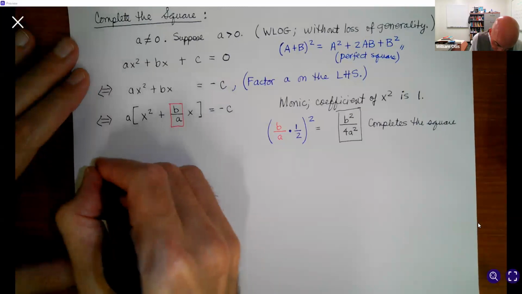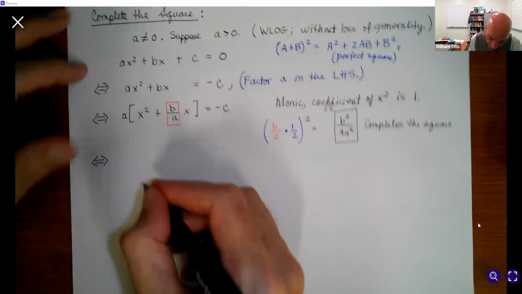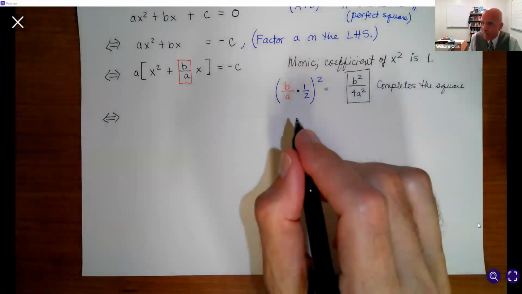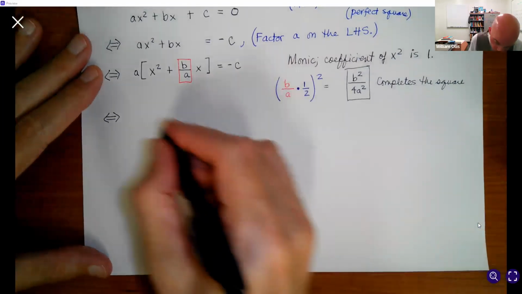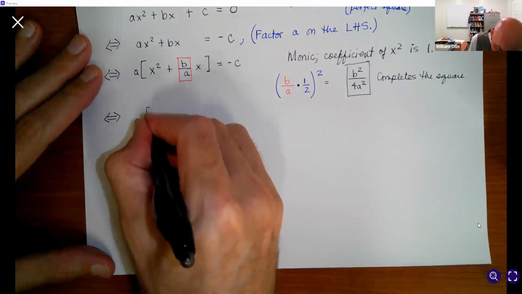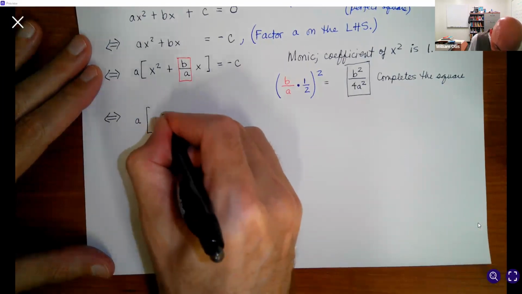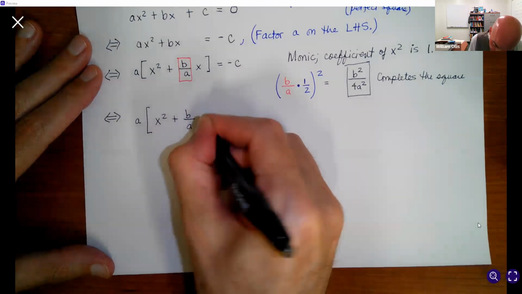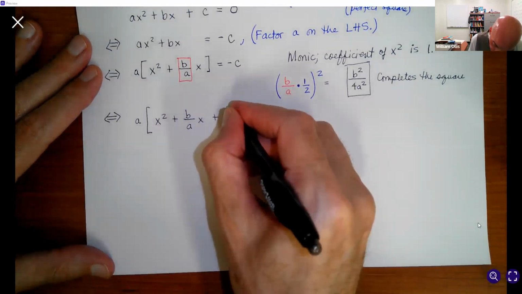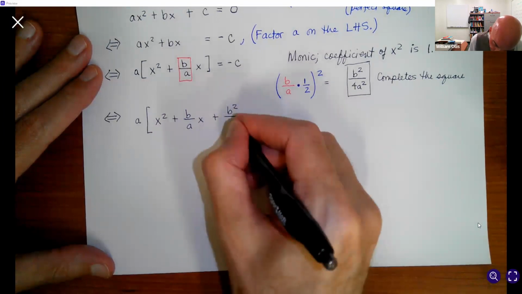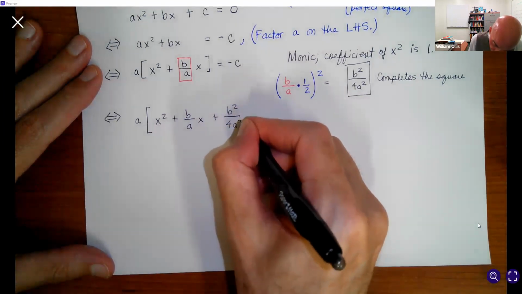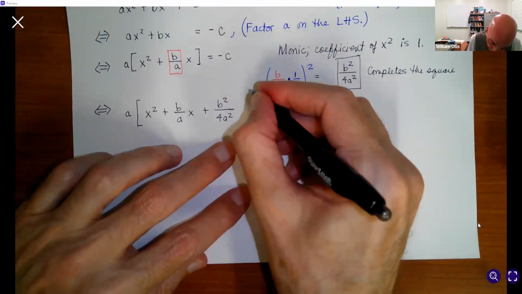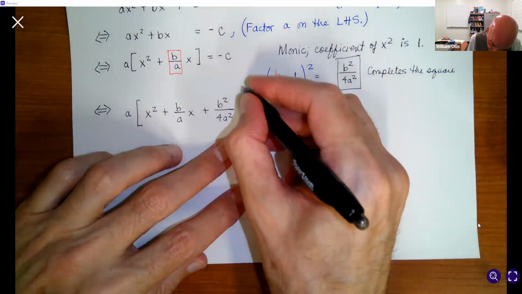So at this point, we do exactly that. We'll just go ahead and add this to both sides, or add and subtract on the same side, depending on how you want to work this. So we have A x squared plus B over A X plus B squared divided by 4A squared. Now, this is where we have to be a little bit subtle.